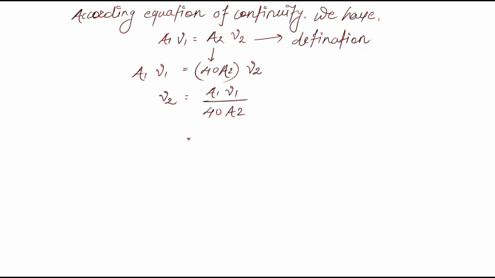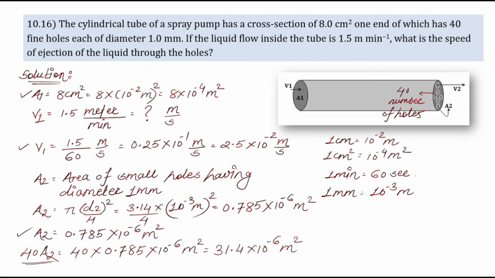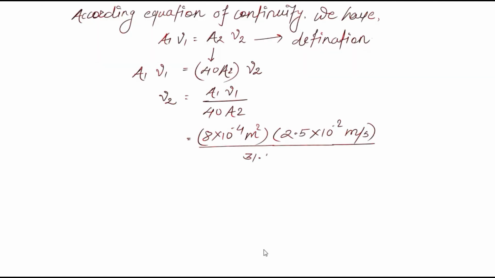We have A1 equal to 8 into 10 raised to minus 4 meter square, V1 equal to 2.5 into 10 raised to minus 2 meter per second, upon 40 times A2, which is 31.4 into 10 raised to minus 6 meter square.